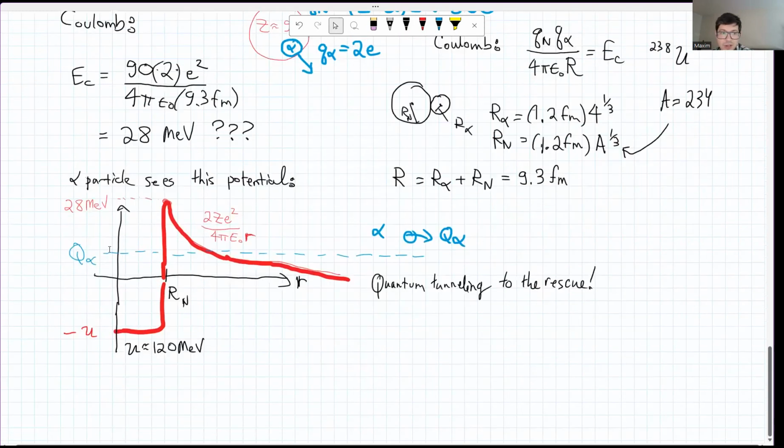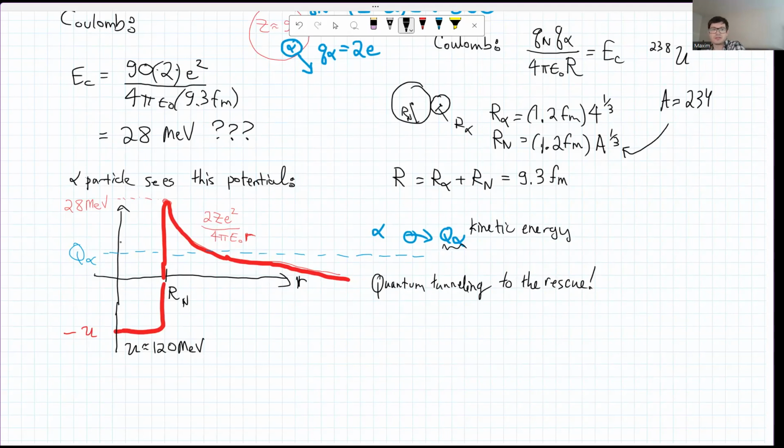The alpha particle would just be happy rattling around inside the nucleus, having its extra potential energy from the attractive forces and having its Q alpha of kinetic energy. Again, when you're far away, there's purely kinetic energy for the alpha and zero potential.